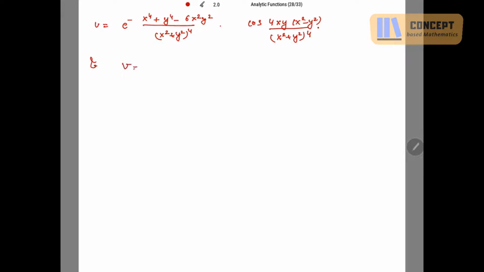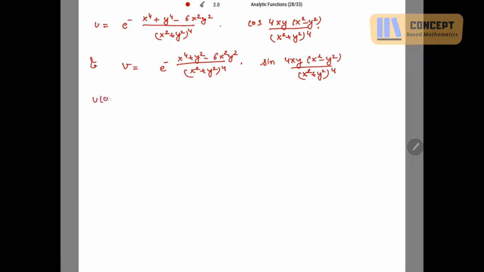And your v comes out to be the same expression, (x⁴ + y⁴ − 6x²y²) over (x² + y²)⁴ into sine of 4xy (x² − y²) over (x² + y²)⁴.